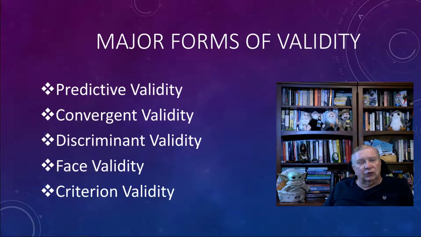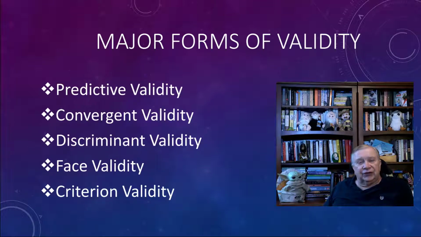First of all, we have predictive validity, which is pretty much what it sounds like. Predictive validity in a test means that it predicts some possible future status for a person. Predict whether they'll do well on a job, whether they may be prone to do certain things based on their personality characteristics.